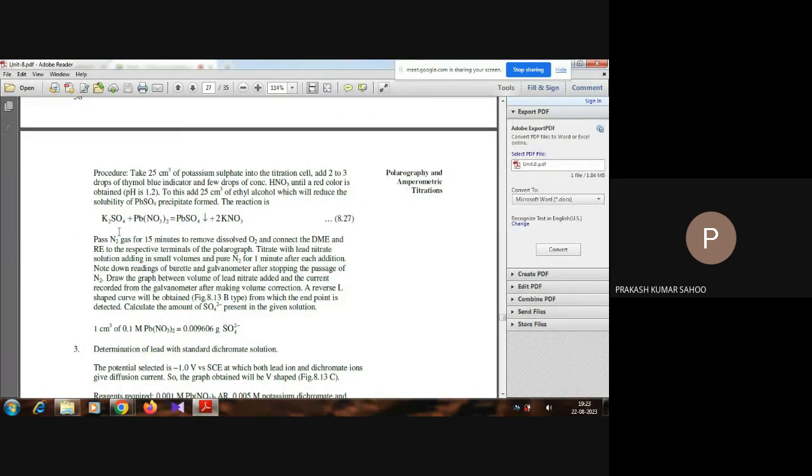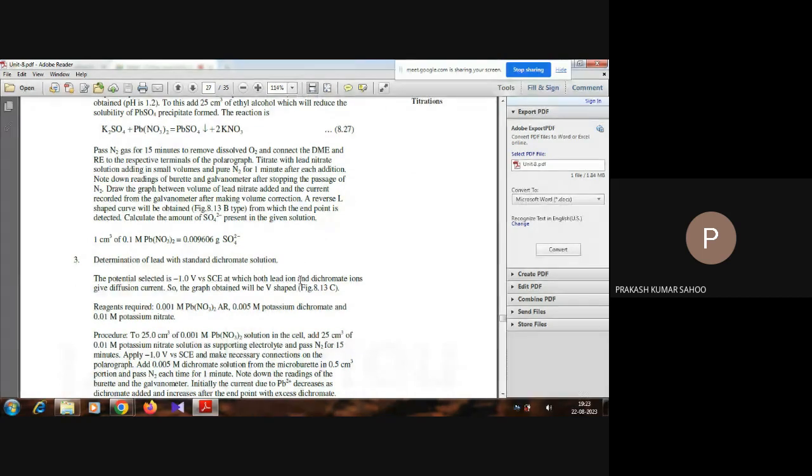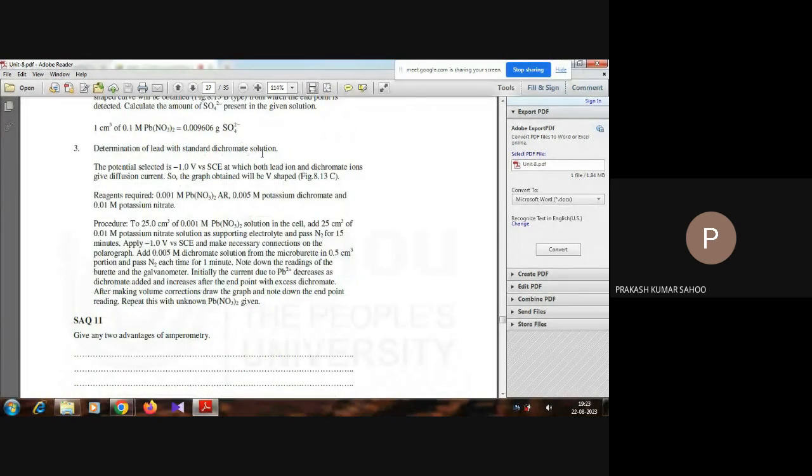And this is the reaction: potassium sulfate is the electroactive analyte, and lead nitrate is the complexing agent. So the sulfate reacts with lead 2 plus to give lead sulfate, and this will decrease the concentration of sulfate in the medium. Then we have determination of lead with standard dichromate, that is K2Cr2O7, potassium dichromate.